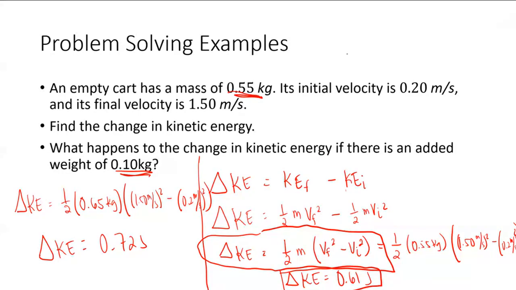So if the kinetic energy is constant, your velocity decreases as you increase your mass. Please remember that. But if your velocity is constant, as in the case of this problem, your kinetic energy increases as you increase the mass of your cart. Are we clear with that, guys? Can I get a thumbs up if that is clear?